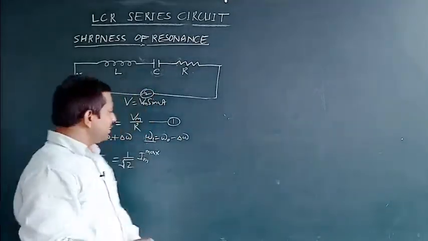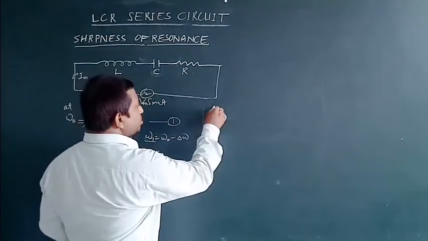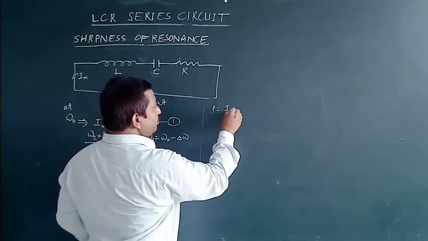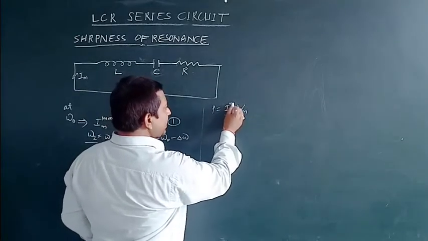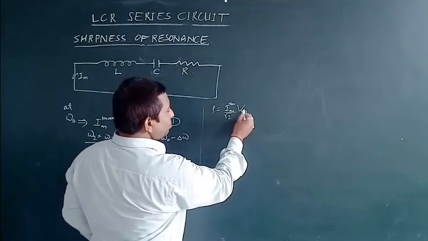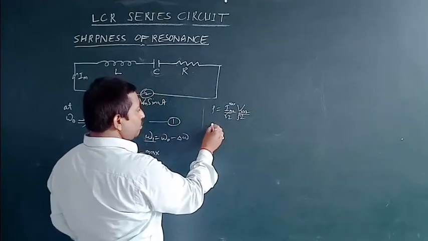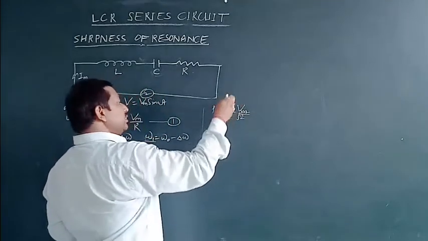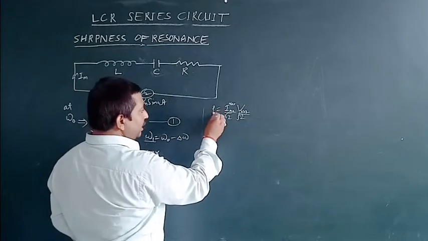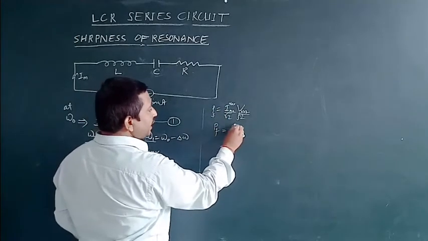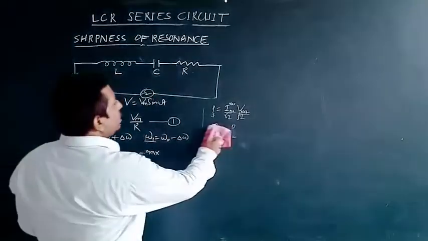As we know, P is Im into Vm, so with Im max by root 2 and Vm by root 2, the initial power P becomes P by 2. This is a simple case.